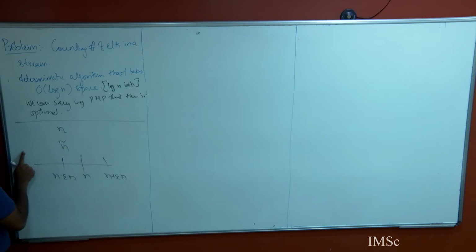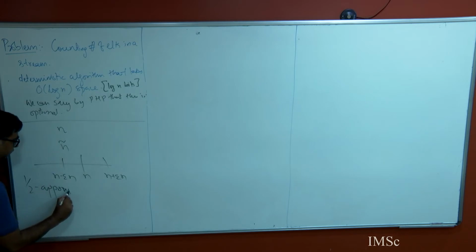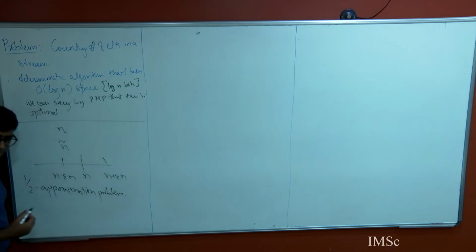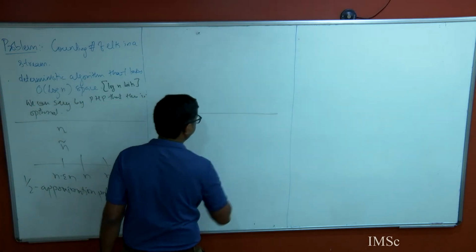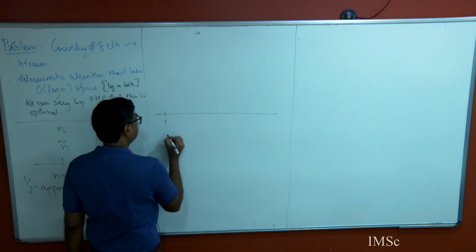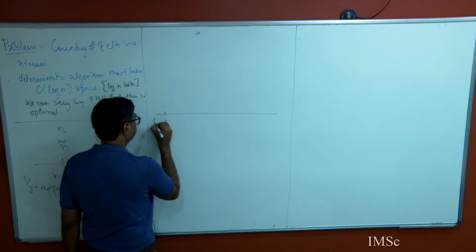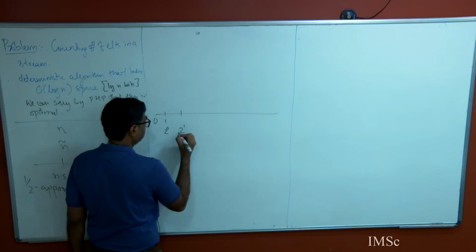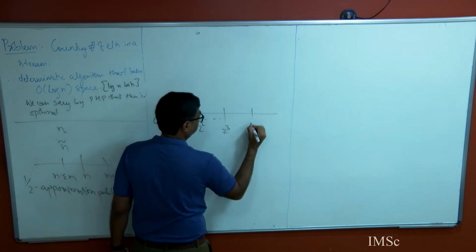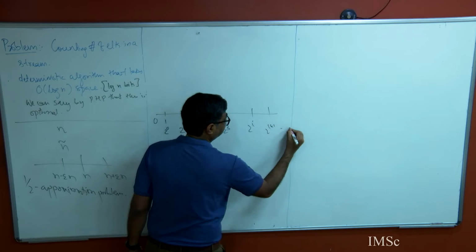To do this, let's first try to get a factor 2 approximation for our problem. We realized we could achieve this with the bucketing trick. Here is 1, which is 2 to the power 0, then 2 to the power 1 which is 2, 2 to the power 2, 2 to the power 3, 2 to the power i plus 1, and so forth.